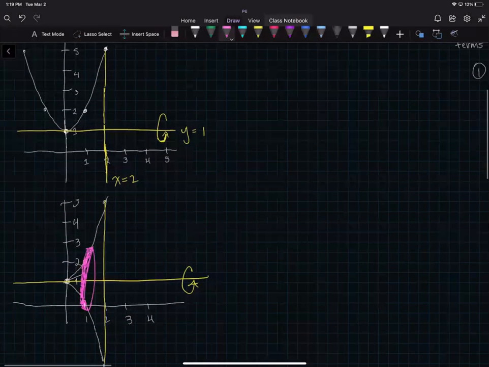And on top, I have my rotated axis, right? So I'm trying to find basically the R for this disk. So the R for this disk.